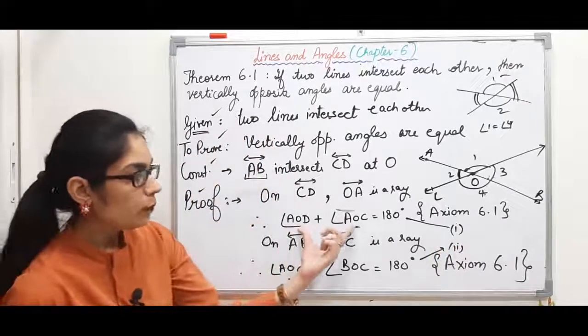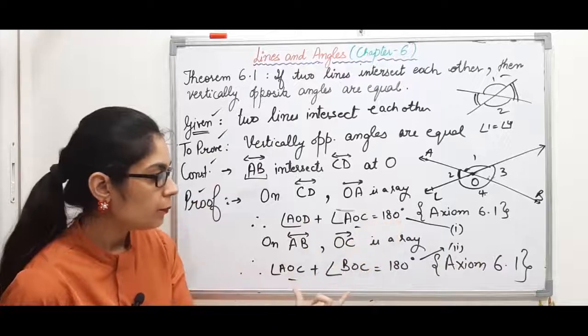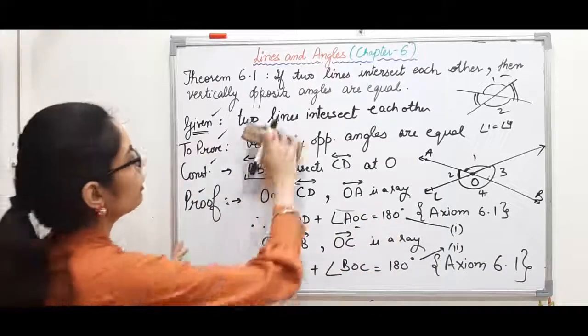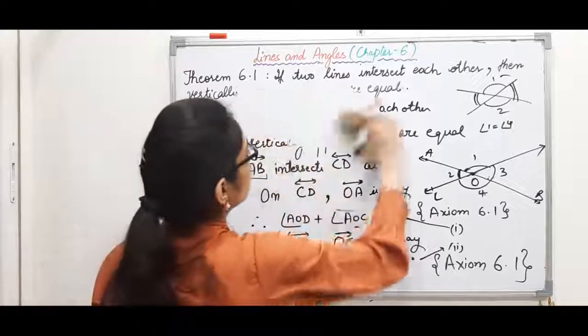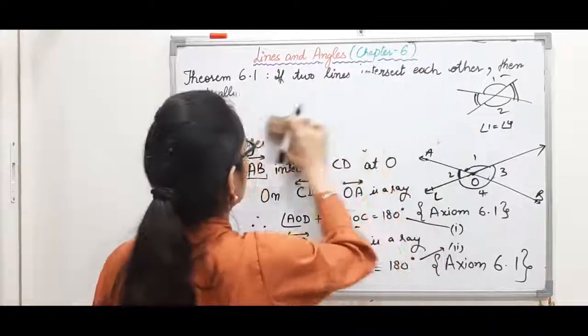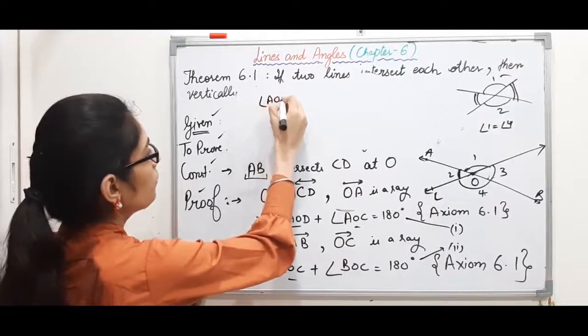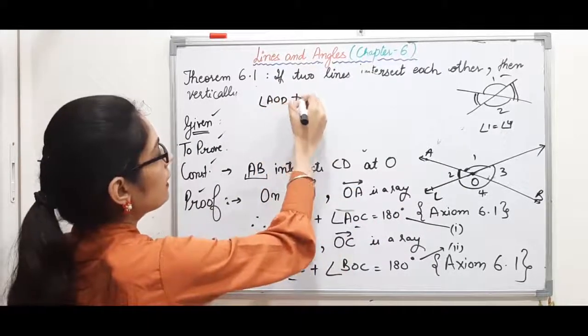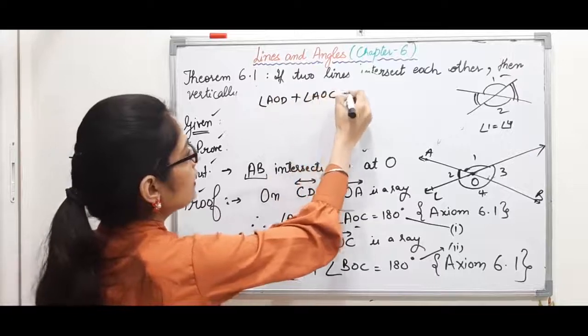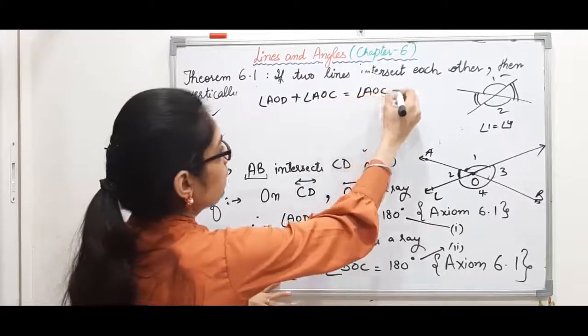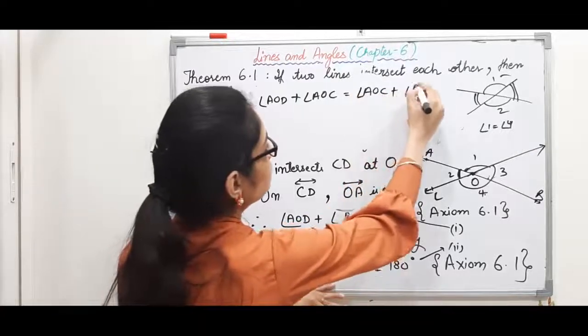See, both point 1 and point 2, they are equal to 180 degrees. So directly what we'll write? Angle AOD plus angle AOC is equal to angle AOC plus angle BOC.